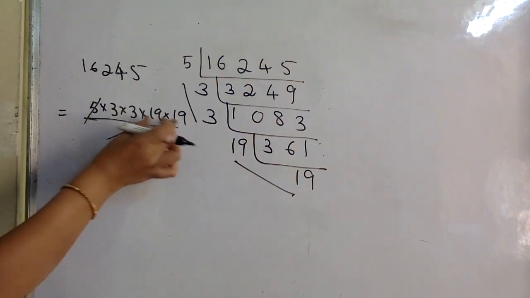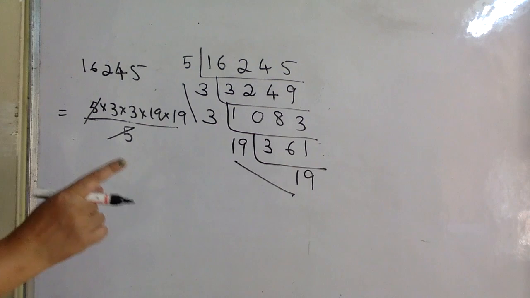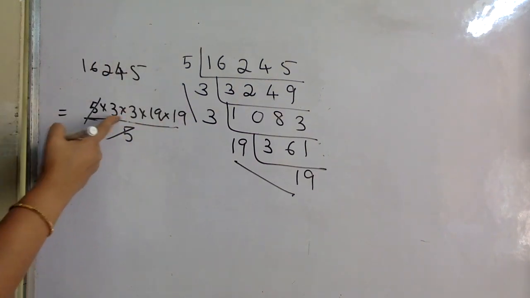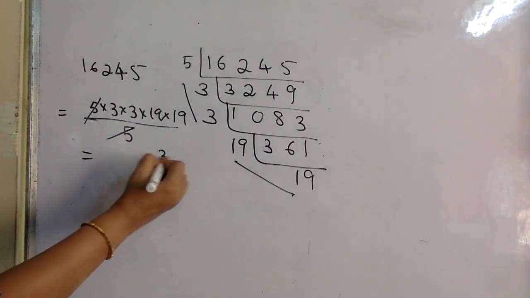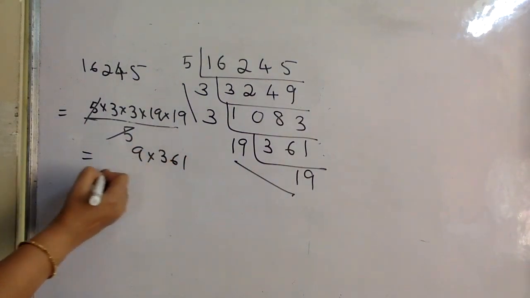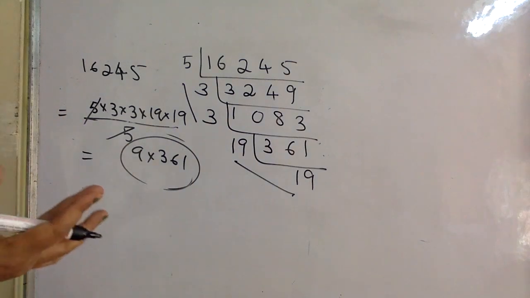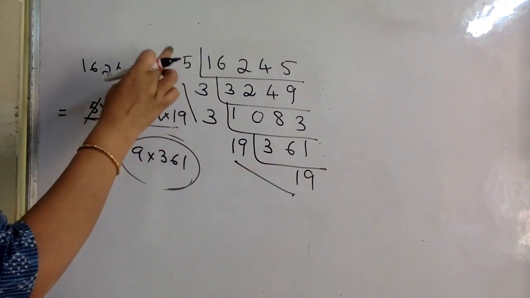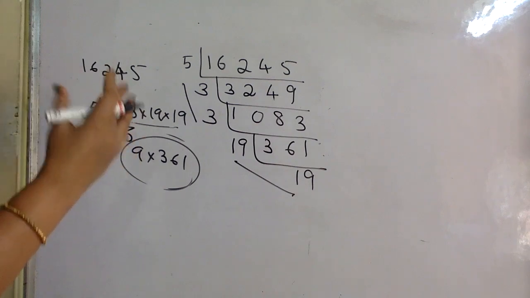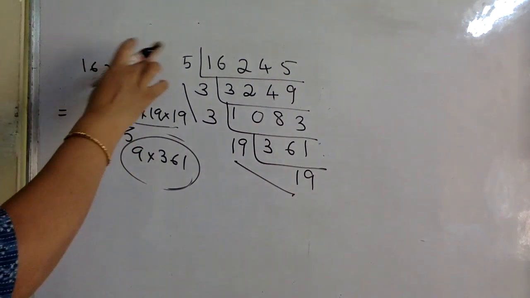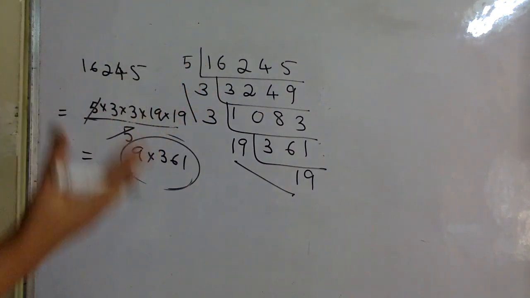I need full pairs. Only if I have full pairs, I can say it is a perfect square. So the number that is now made up with this 361 and the 9, whatever it comes to, is a perfect square. So the one which did not get a pair, you have to divide the big number with that number to make it a perfect square.